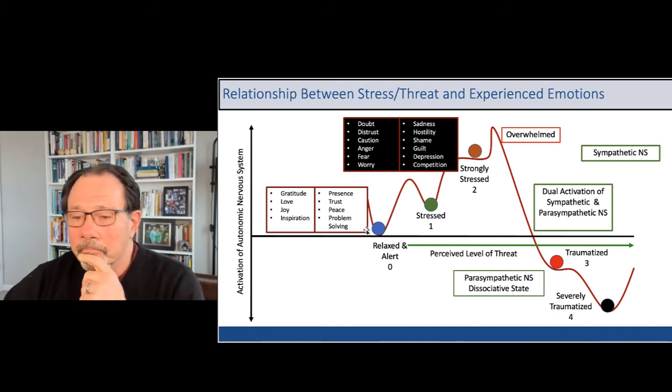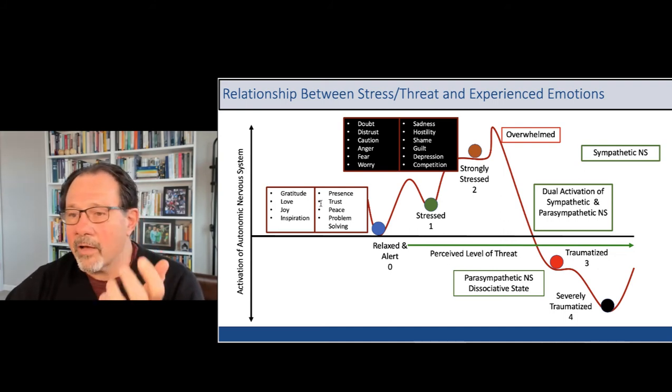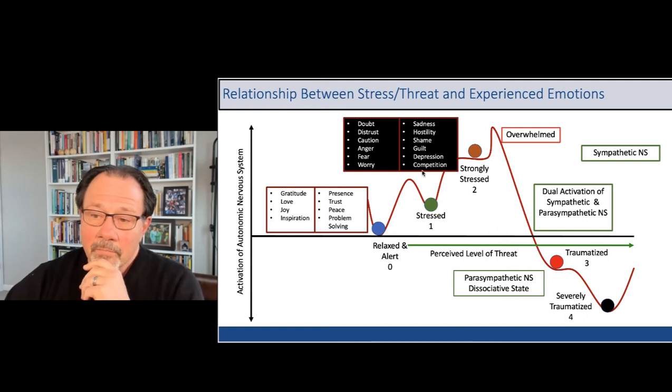And so I want you to think about what are the pervasive emotions that you have, or the pervasive thoughts that you have in your life. And if they're in this area, doubt and fear and frustration and anger and sadness, that probably means that your nervous system is always somewhere between 1 and 2 on the state map.